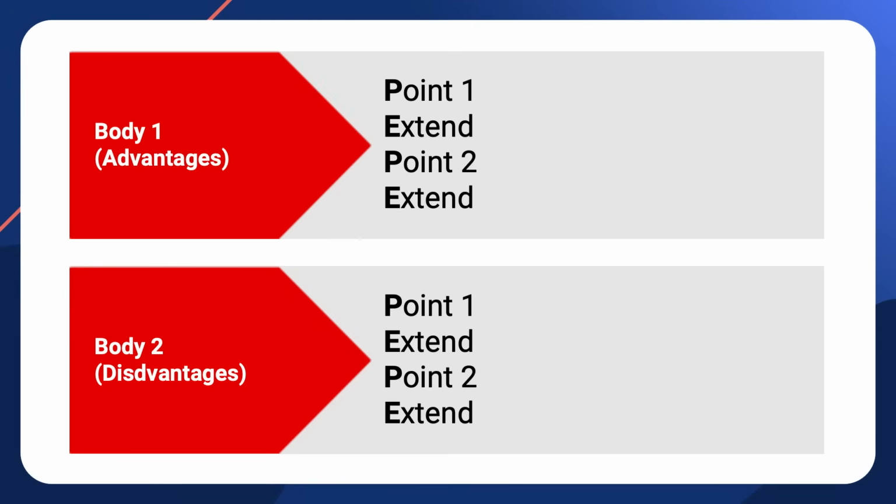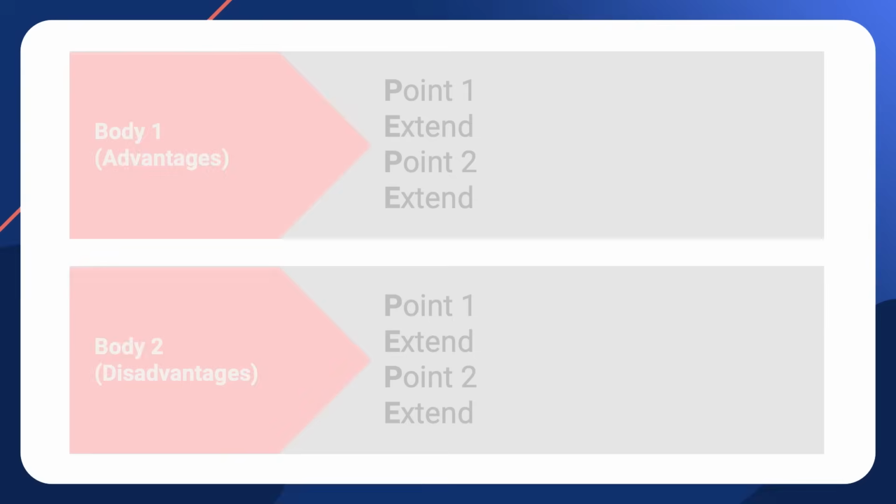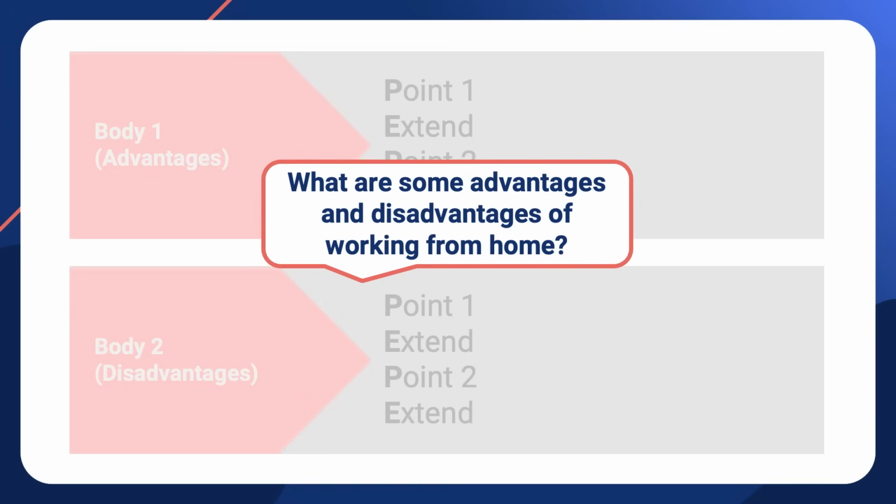It's time to plan, and we're going to use this double idea paragraph structure to help us plan. You might notice I took away the topic sentences out of both of these, and that's because you don't need to plan a topic sentence. This is the most important part of your paragraph, the 2 points and how you extend them. Let's plan. Now, what are some advantages and disadvantages of working from home?